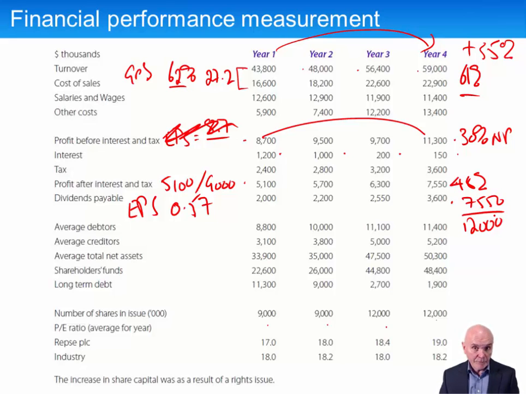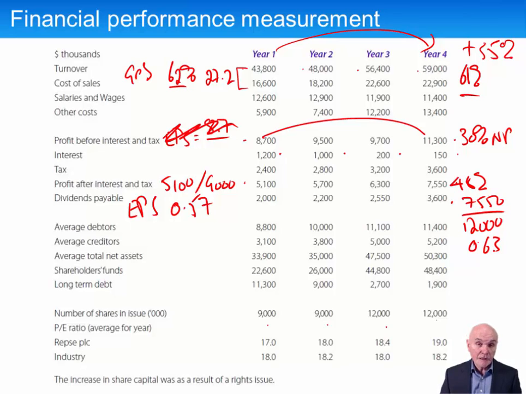Any fool can make profits grow if you simply get more capital coming in. So 7,550 divided by 12,000 is going to be about 63. That's very good. Earnings per share increased from 57 to 63. That really is increasing, or should be increasing, the wealth of the shareholders.